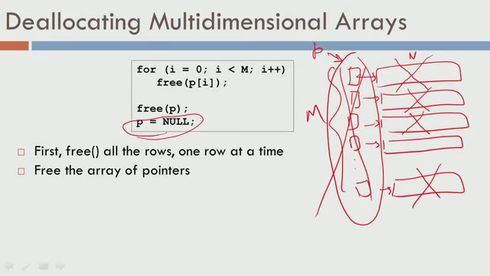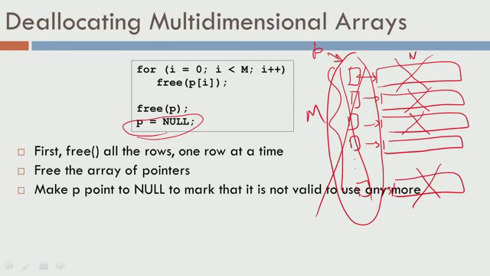So, this is the way you allocate and deallocate pointers. So, first free all the rows, free the array of pointers, make p point to null, and you are done. p will keep pointing to null until there is new allocation.